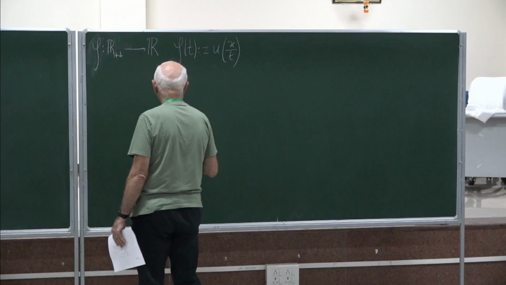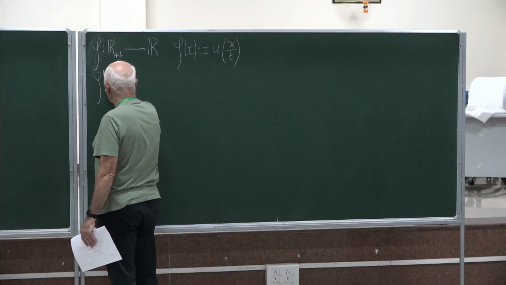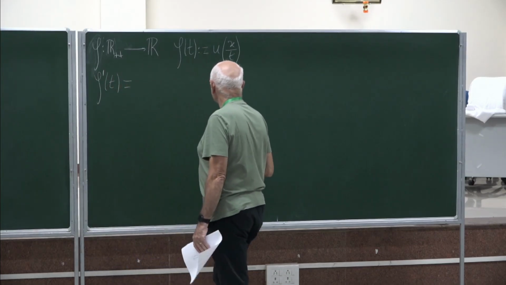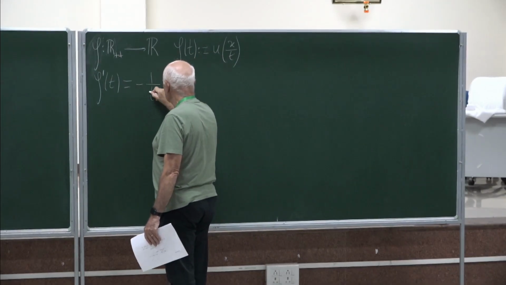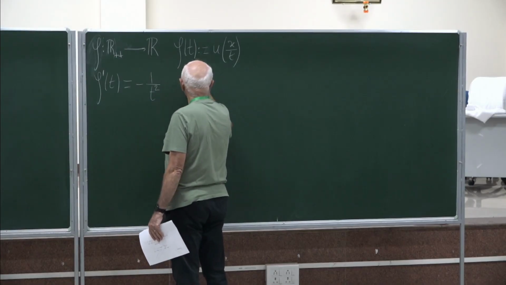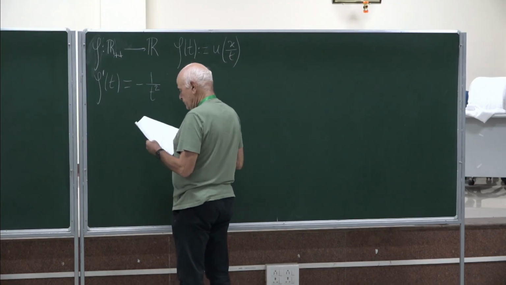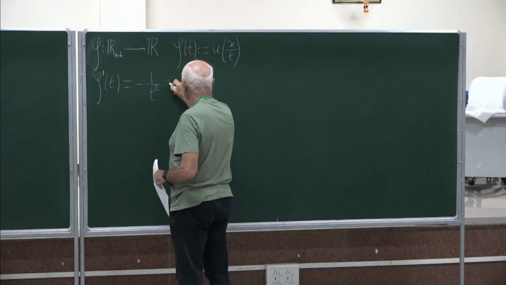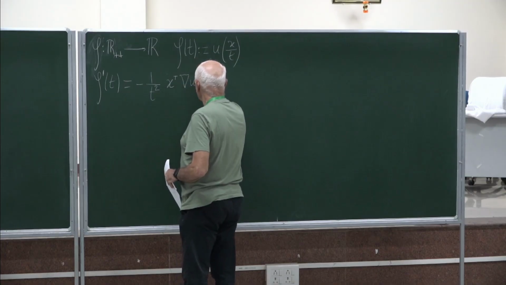So, phi prime of t is minus 1 over t squared, it's the derivative of 1 over t, x transpose gradient of u at x over t.